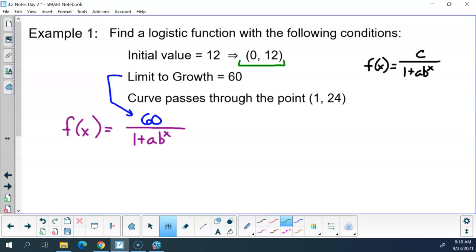So what would 12 be? The f of x part. Okay? 12 is the f of x part. What other part can I fill in? The x is 0.